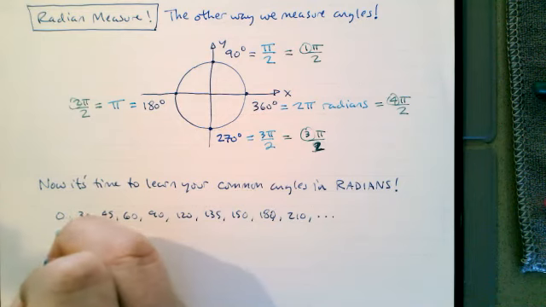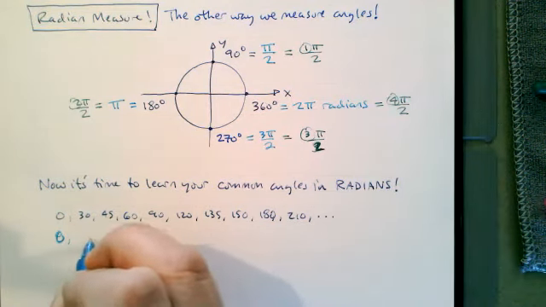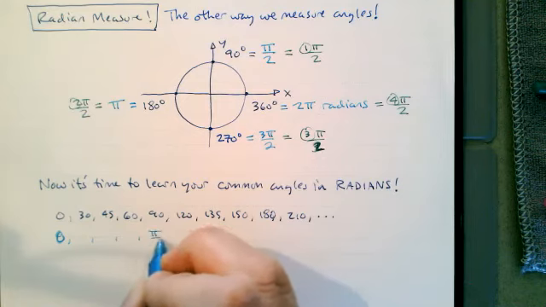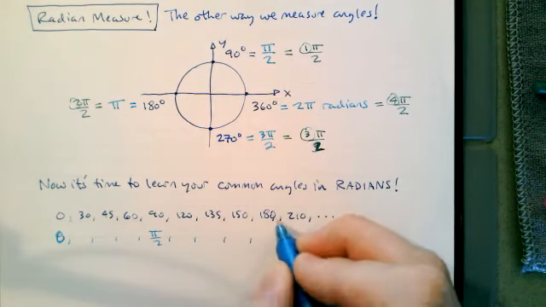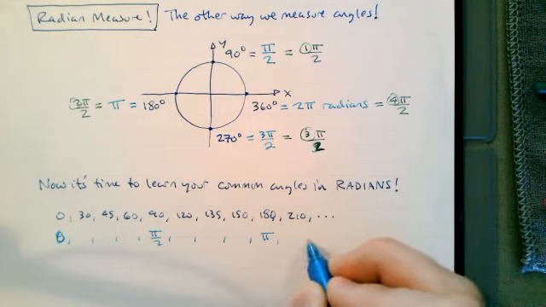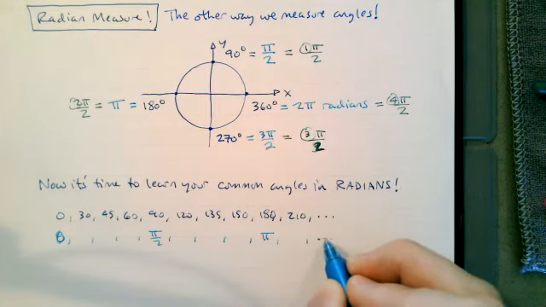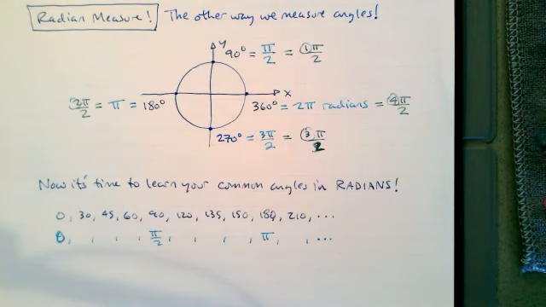0, oops, I wrote theta. 0, 30, 45, 60, 90 is pi over 2, 120, 135, 150, 180 is pi, 210. You've got to go all the way around your unit circle and learn to count in fractions of pi. And I don't want you just to know the numbers. I want you to think about how you are going to remember these numbers.